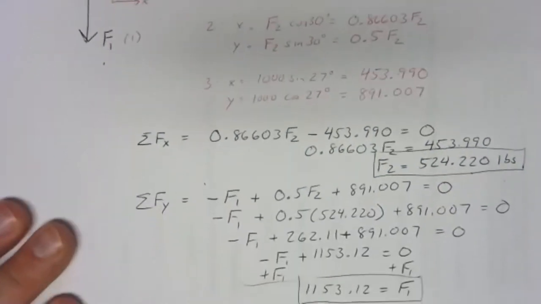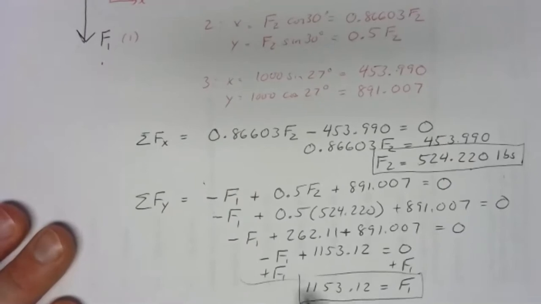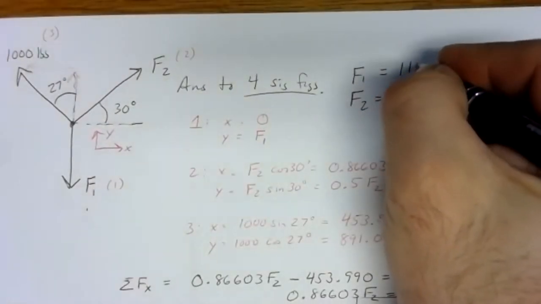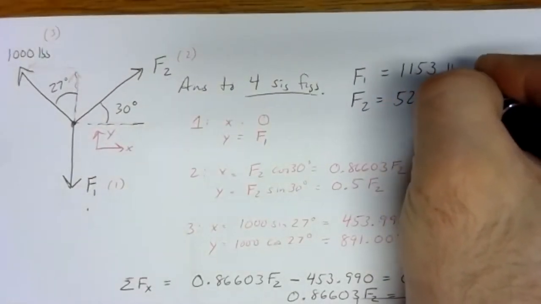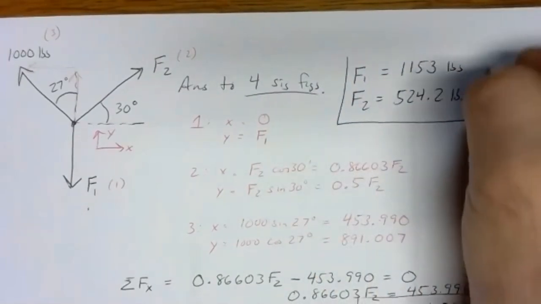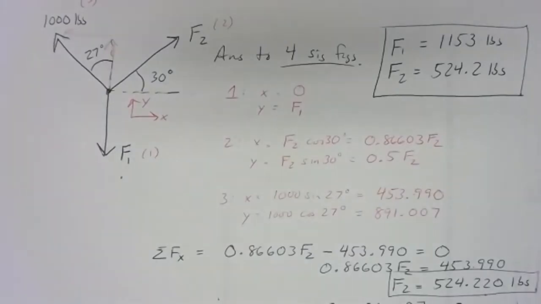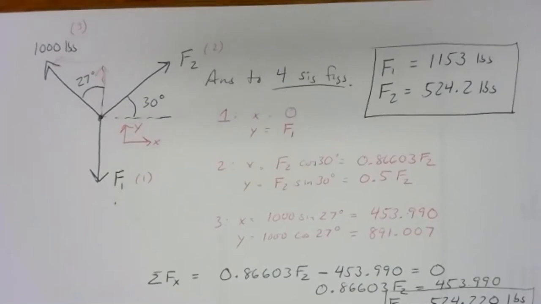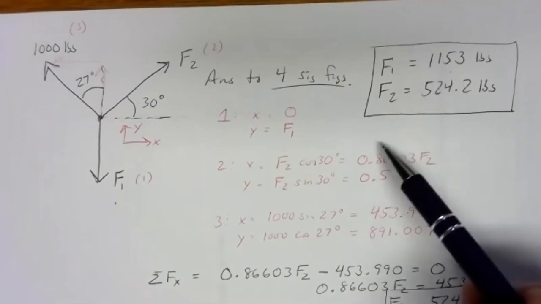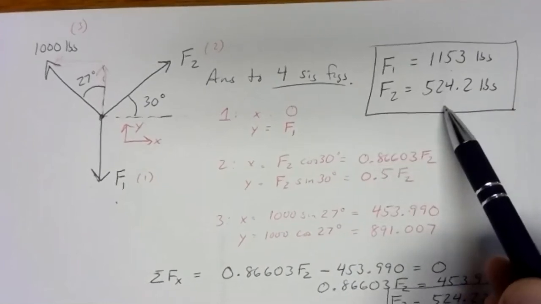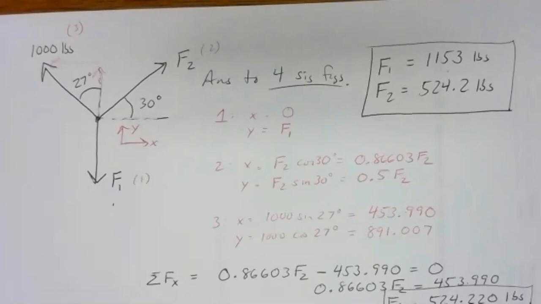F1, we had 1153.12, so that'll be 1153 pounds. There we go. So if we've got 1,000 pounds pulling up and to the left at about 30 degrees from horizontal, about 27 degrees from vertical, and another force pulling up and to the right at 30 degrees, and something pulling down to counteract them, we need 1153 pounds pulling down, and we need 524.2 pulling up and to the right.